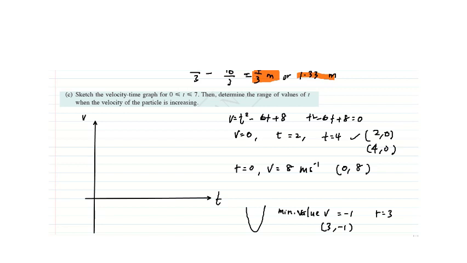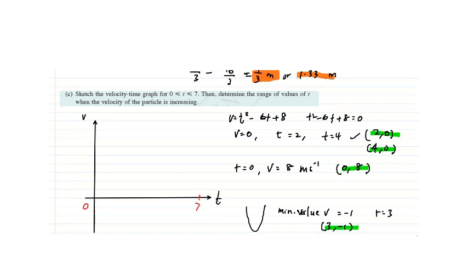So we substitute and plot this graph. This point 2, 0, 4, 0, 0, 8 and 3, negative 1. Here is 0. Here must be 7. The range of values of t given in the question.